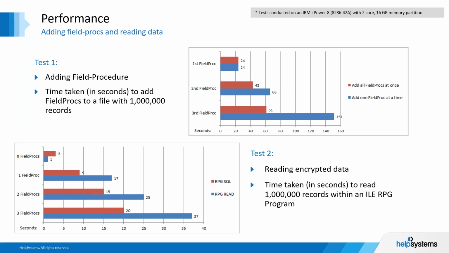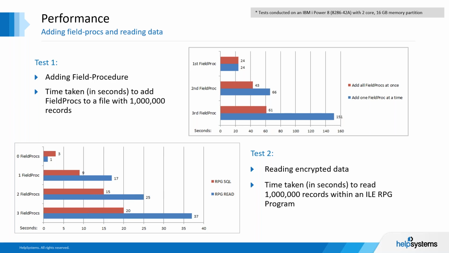Now, this particular file had 1 million records in it, so it gives you some idea of the number of seconds involved in encoding those records. And part of the reason that third field proc, and even to a certain extent the second field proc, takes so much longer is that we're potentially decrypting and then re-encrypting multiple fields at once.